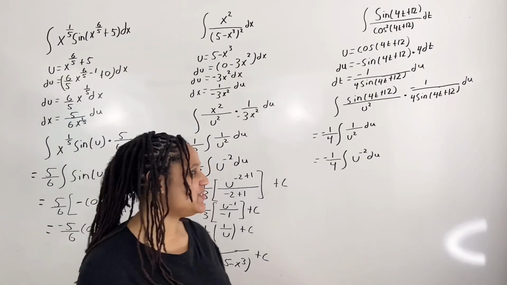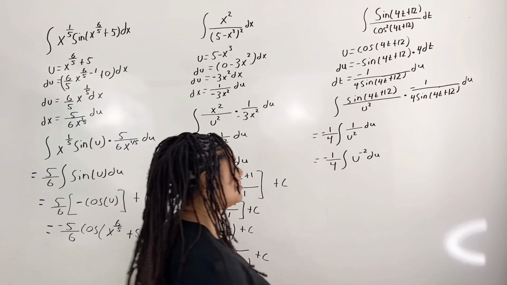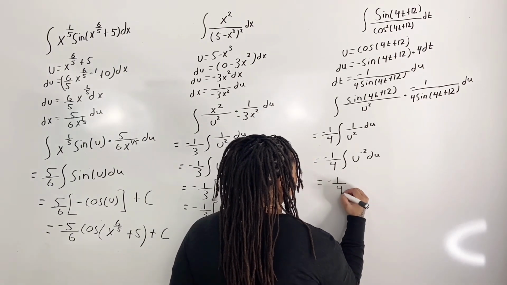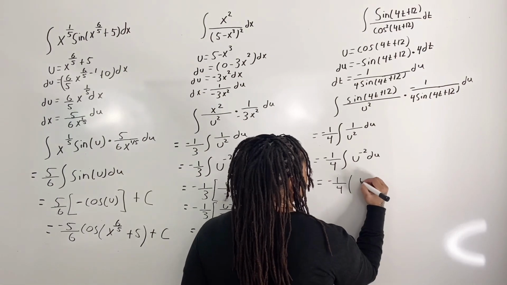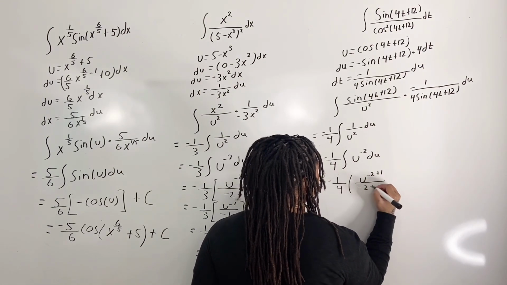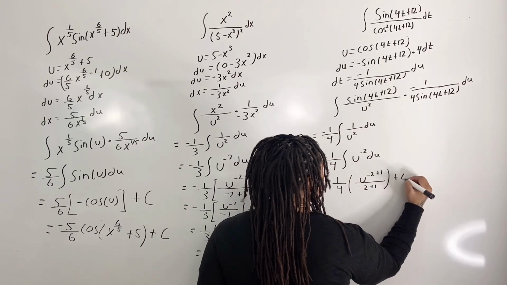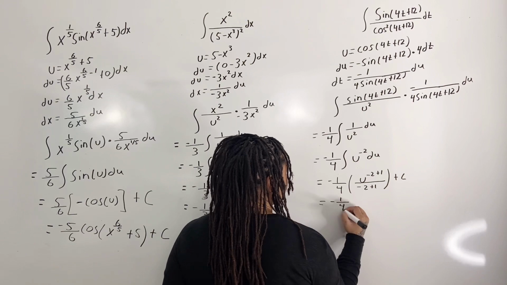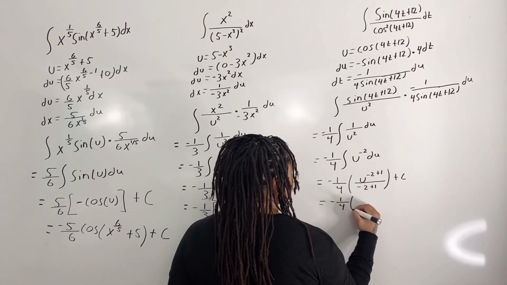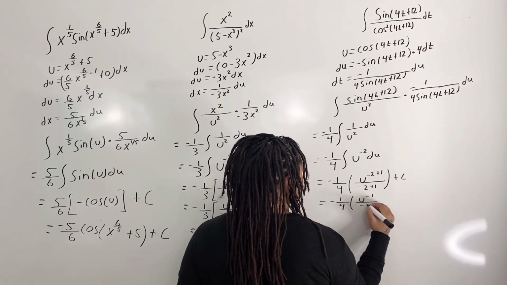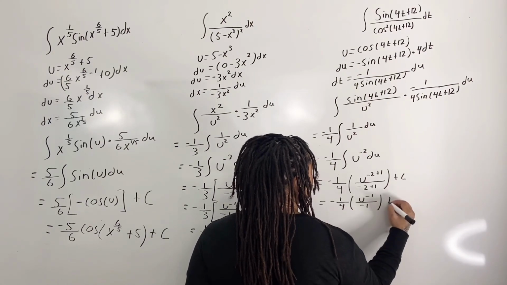Now it is easy to evaluate the integral. So we have negative 1/4 times u to the negative 2 plus 1 over negative 2 plus 1, plus c, which gives us negative 1/4 times u to the negative 1 over negative 1 plus c.